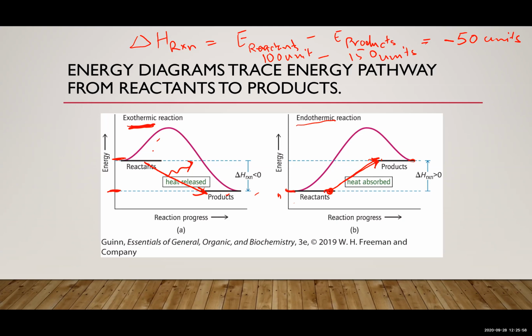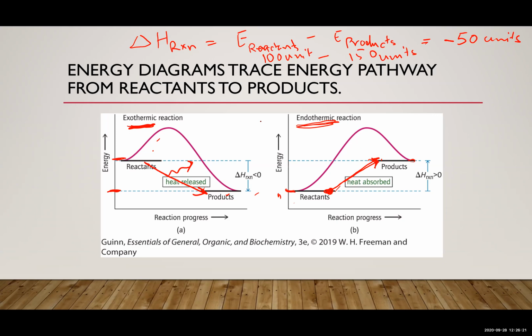If you go from low energy reactants to high energy products, you need to absorb this much energy, hence the reaction is endothermic. Any questions about the meaning of this energy diagram? These are called energy pathway diagrams or energy diagrams.